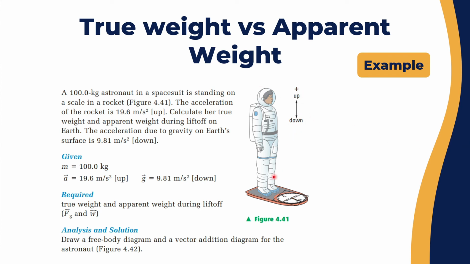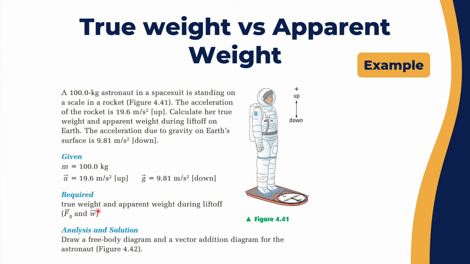You have an astronaut in the rocket, and a scale below him inside the rocket. The rocket is launching from the surface of Earth, before it escapes the Earth's atmosphere. We're given mass equals 100 kilograms, acceleration 19.6 up, gravitational acceleration equals 9.81 down.